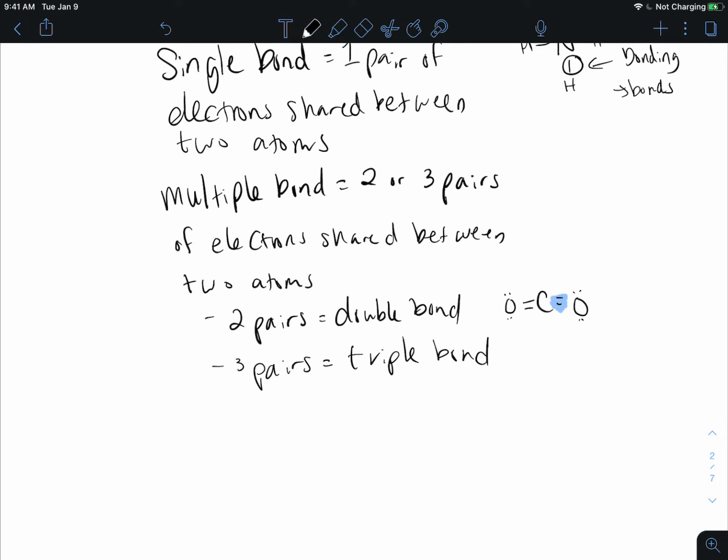That equates to 4 electrons or 2 pairs of electrons. So our double bond. Our triple bond, we see this in cyanide, right here. Here are our 3 lines. That equates to 6 electrons or 3 pairs of electrons.